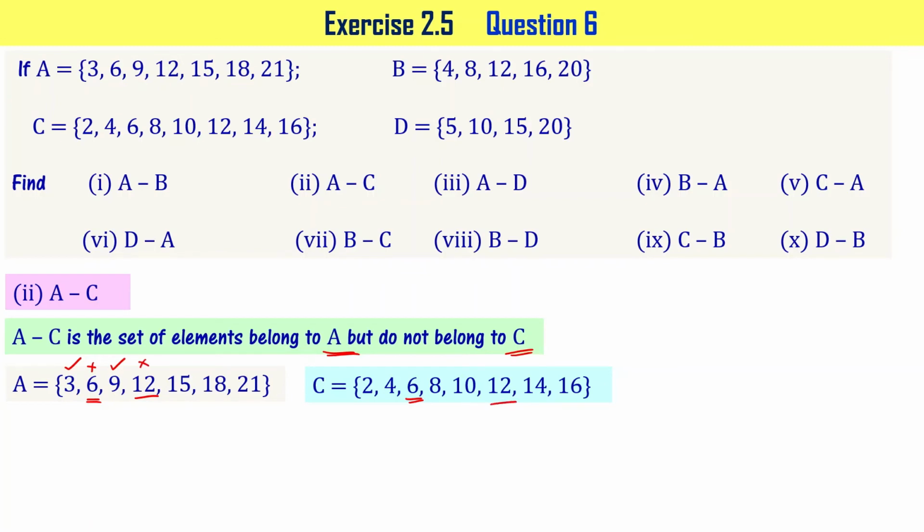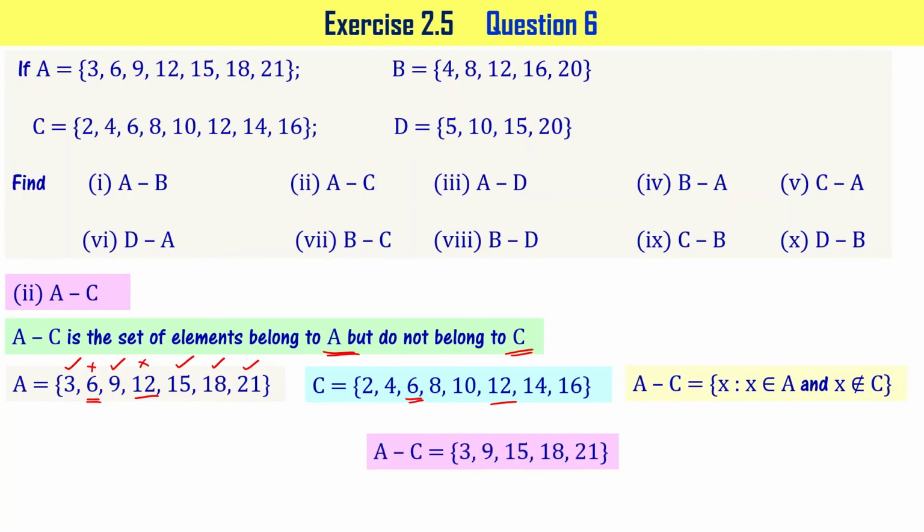And 15 is only present in A. 18 is only present in A, and 21 is also only present in A. That's why 3, 9, 15, 18 and 21 will be part of A minus C. Let's write that A minus C is the set containing elements of A but not the elements of C. A minus C can now be written as 3, 9, 15, 18 and 21, right?